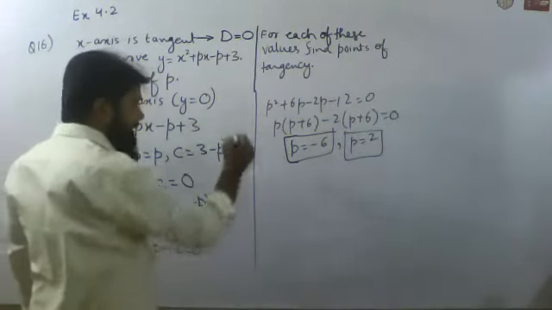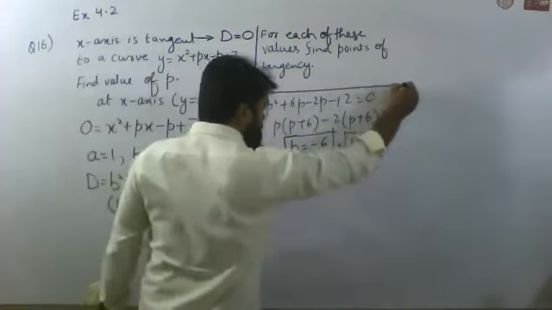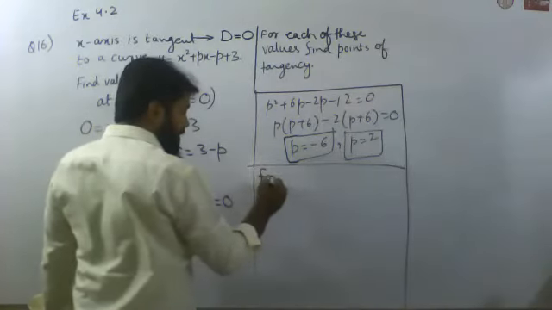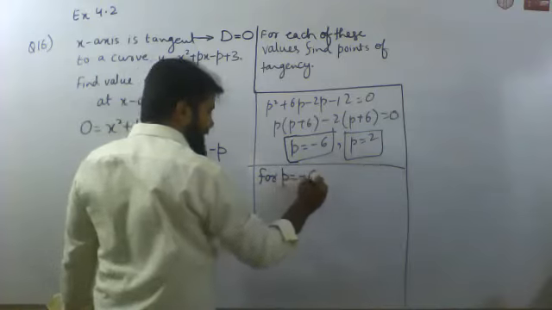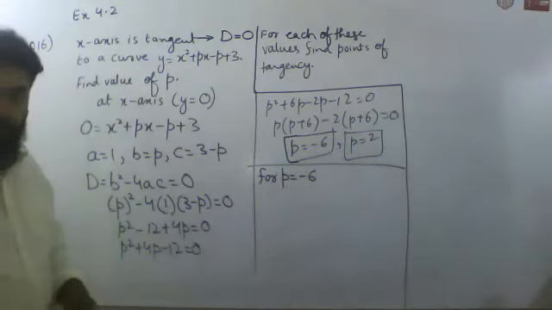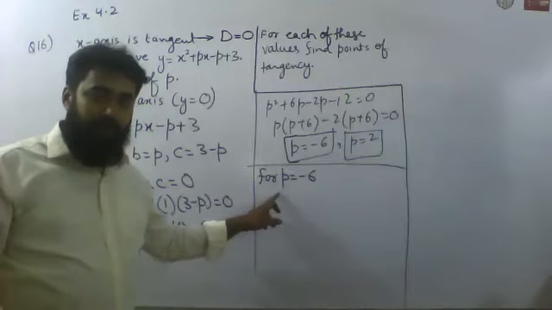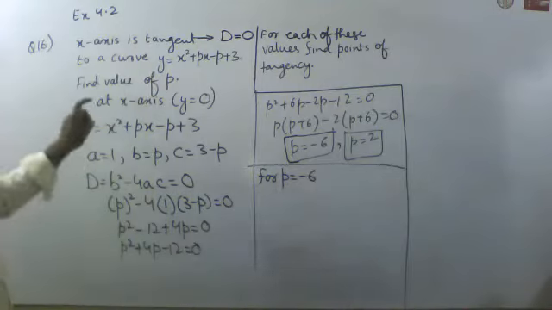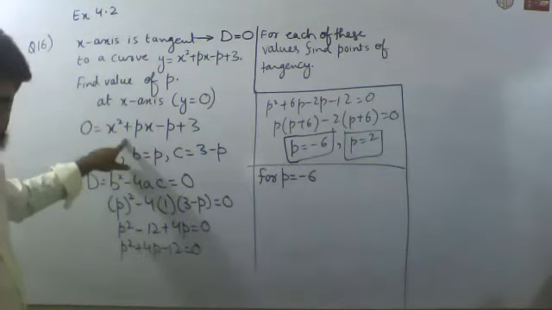So, how am I going to solve it? First of all, I am going to solve it for p equals minus 6. I am going to take p equals minus 6 and plot it in this equation.